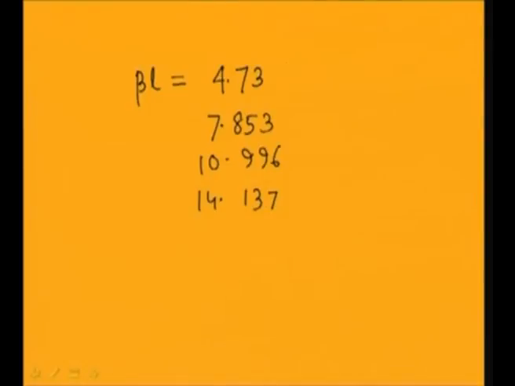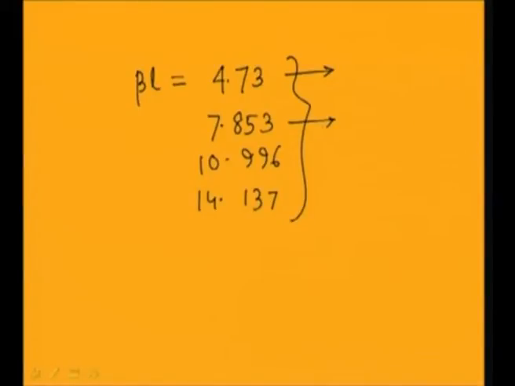So these are the first 4 mode frequencies. Here 4.73 corresponds to the first or fundamental frequency, 7.853 is the second mode frequency, 10.996 is the third mode frequency, and 14.137 is the fourth mode frequency.